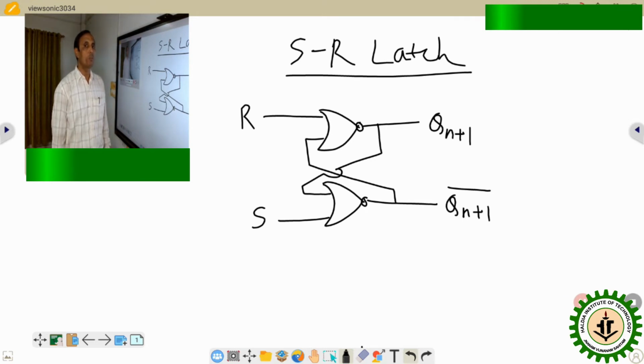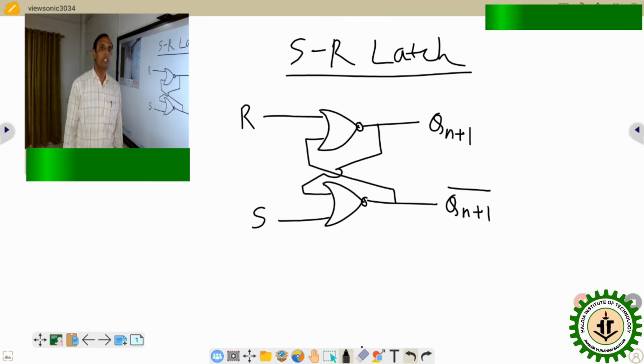Now first we have to know what exactly a sequential circuit is. Sequential circuits are those types of circuits where the output depends not only on the input, but parallelly it also depends on the previous output. That means if we want to get a next output, then that next output value will depend on the current input we are providing, as well as the output it already has.